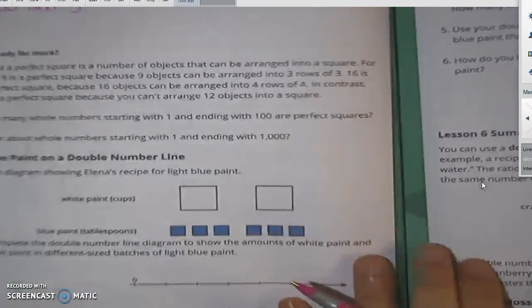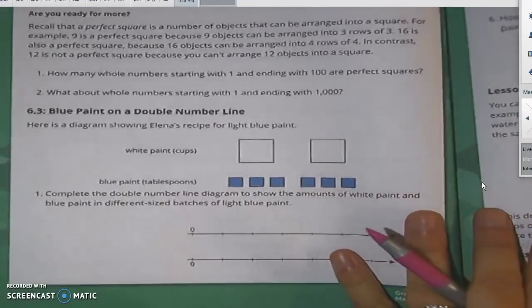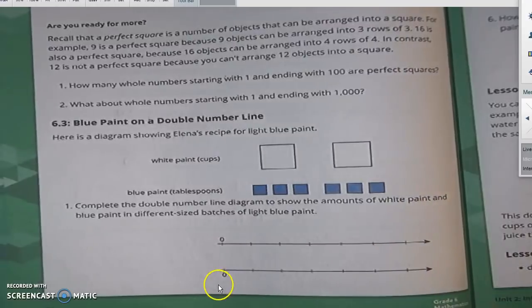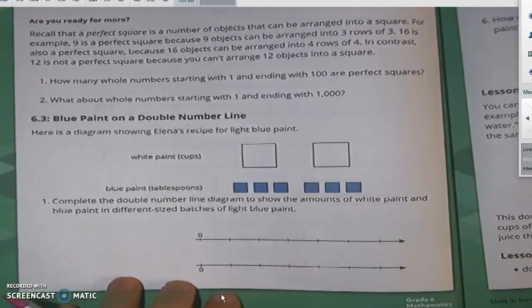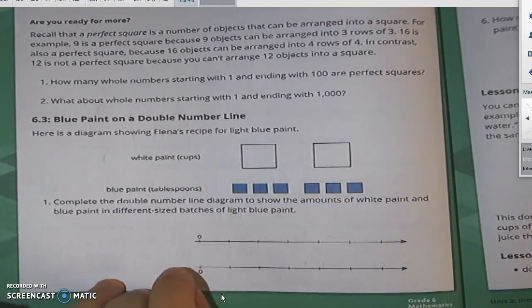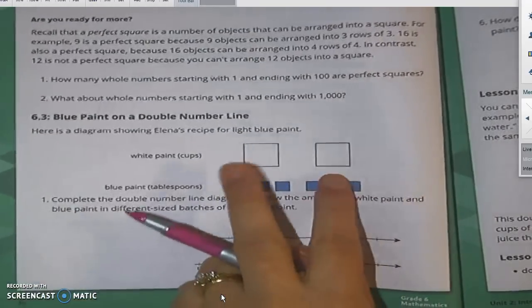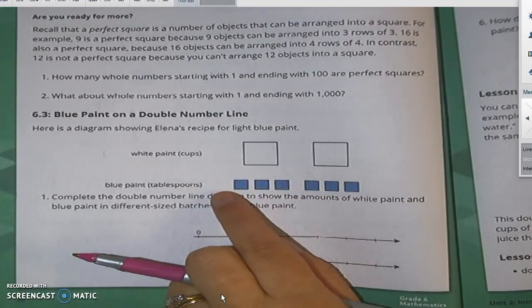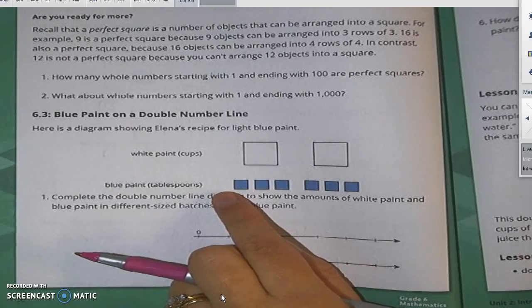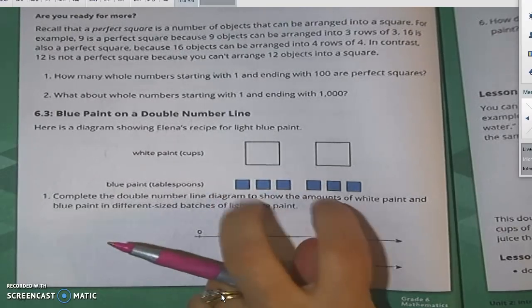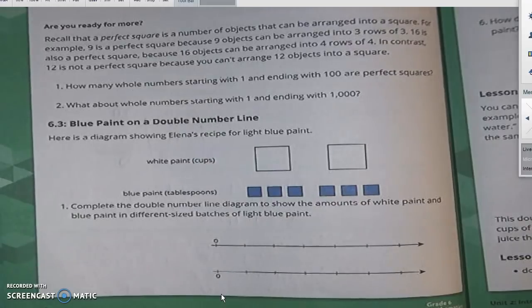So our next section is 6.3. Here is a diagram showing Elena's recipe for light blue paint. So she uses 2 cups of white paint with 6 tablespoons of blue paint.